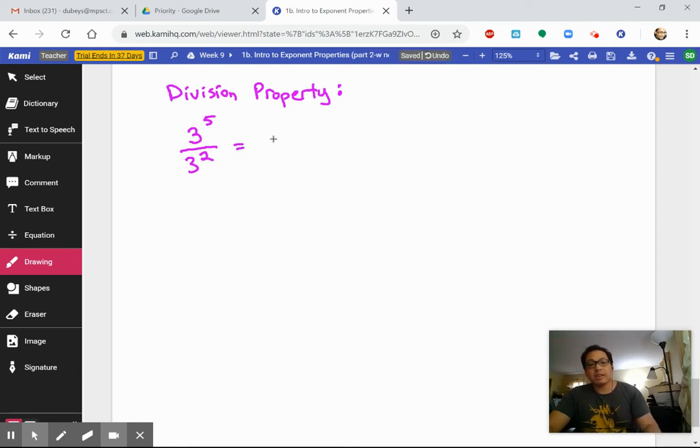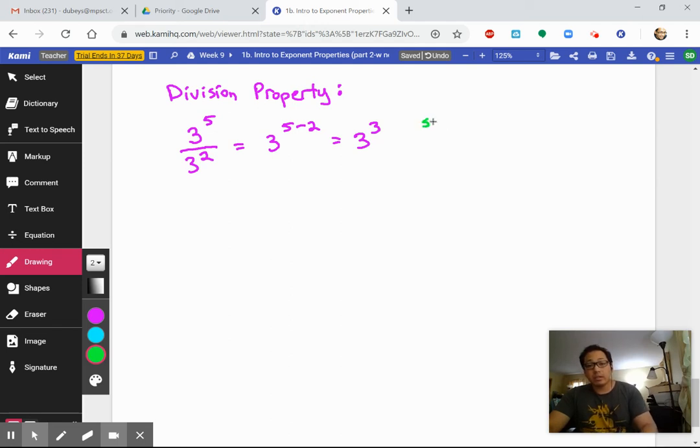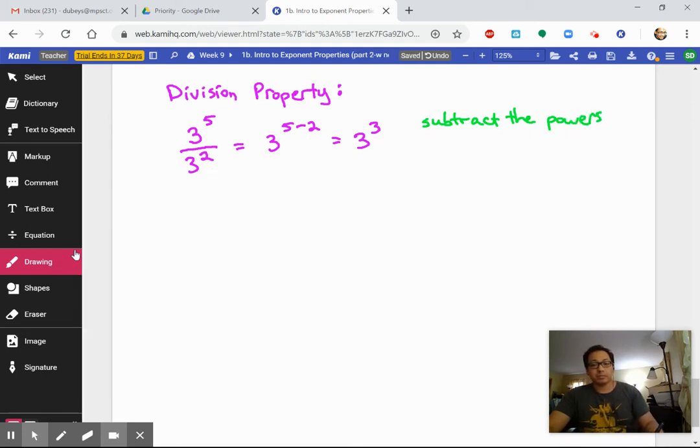This is the same as 3 to the power of 5 minus 2, or just 3 to the power of 3. In other words, when we're dividing two exponents, we can subtract the powers.